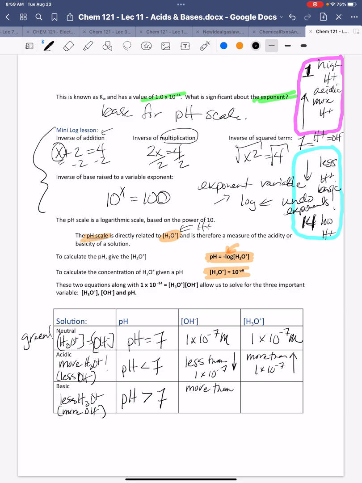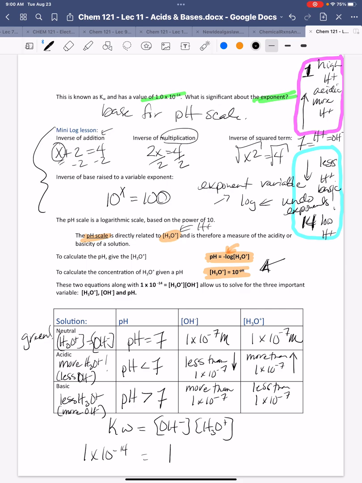So that's more than 1 times 10 to the negative 7th, and this is less than 1 times 10 to the negative 7th. Because again, if we rewrite that KW expression, that equilibrium constant, which is basically the third formula that we need when we're dealing with pH, we know this is always a constant.